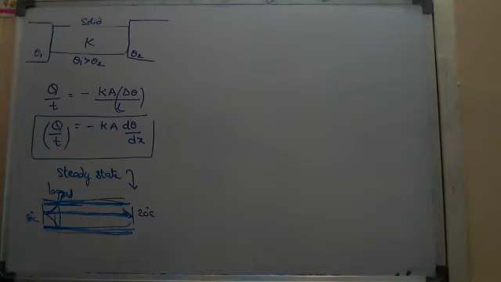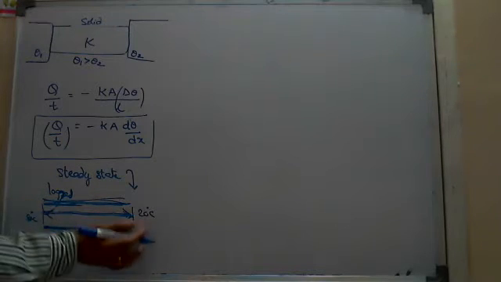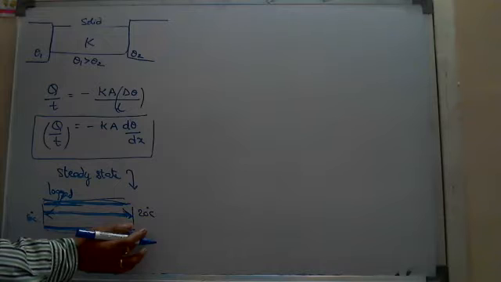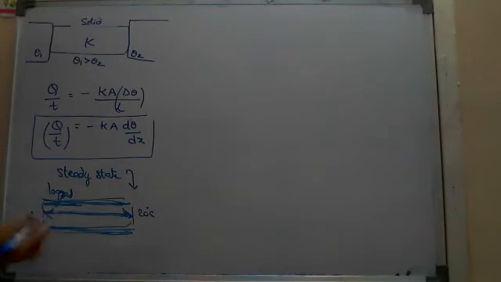And number two, steady state means the problem is that when heat is flowing through the rod, since it is a conductor, it absorbs some amount of heat. Whatever heat you are transferring from here to there is not completely transferred to the other end; some part is absorbed by the material.